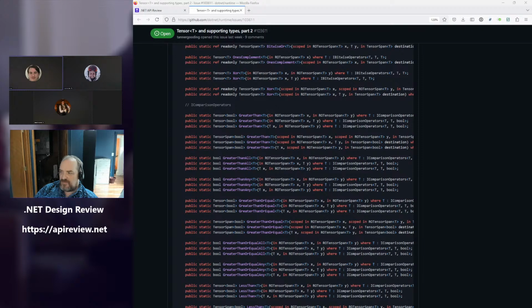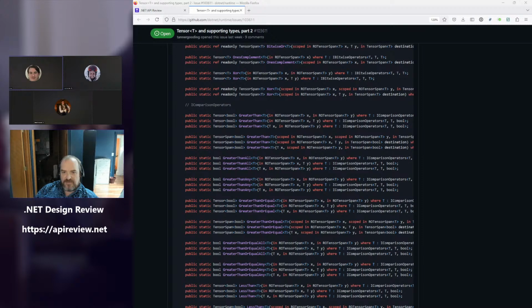On the vector types, we currently have a set of 3 APIs that exist for every relational operator. There's the regular operator named, for example, greater than, which returns an array of masks effectively. In the case of tensor, it's a set of bools indicating the per element comparison.